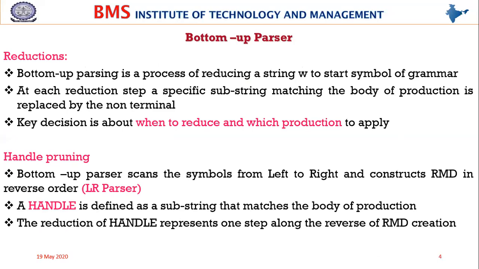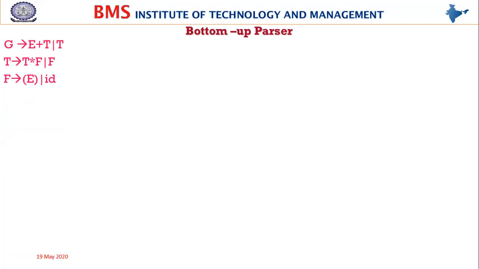That is replaced by the non-terminal in the rightmost derivation manner. Right? We should obtain the rightmost derivation. Means we should start from the rightmost non-terminal, keep on replacing until we obtain the start state. Right? Okay. Let's see the handle pruning reductions specifically in the bottom-up parser.